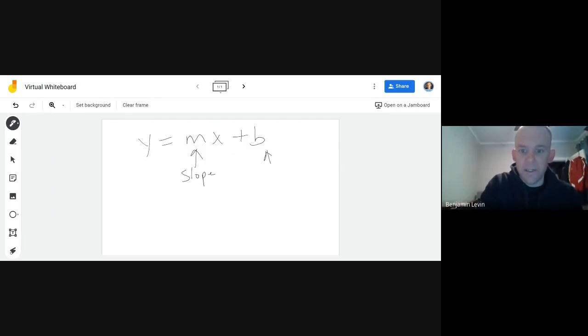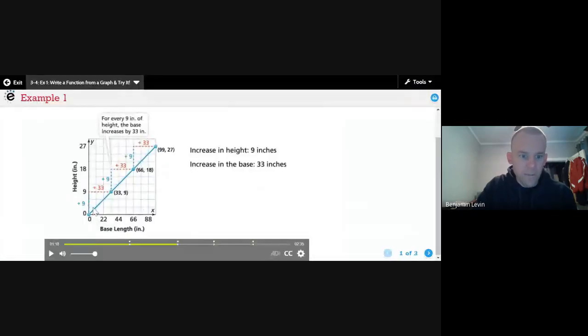And we know the b is the y-intercept, or the starting point, right? So I'm going to write y equals, we know our plus b was 0, because, well, let's just do that last. We look back at our slope was up 9 over 33, right? So our slope is 9 over 33, rise over run.